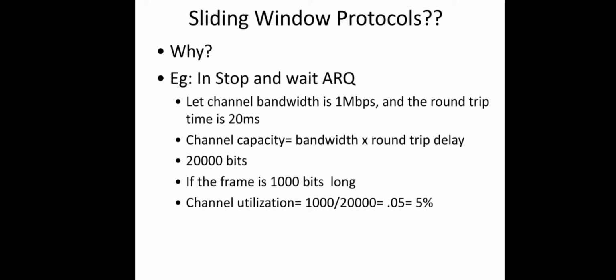Now the situation will be even worse if there are some errors, right? In that case the same data may have to be retransmitted again. This will reduce the channel efficiency further. So how can we get rid of this type of very poor channel utilization?